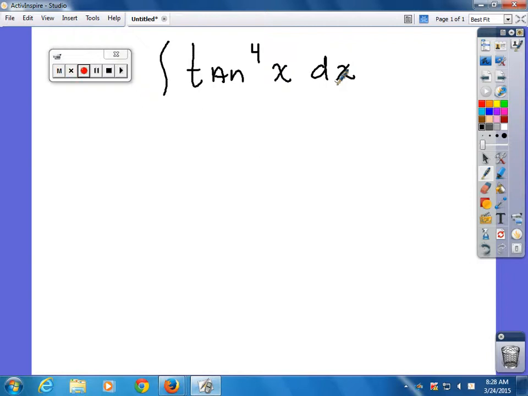So you're going to have to break it up, and of course that would be tangent squared, correct? Antiderivative of tangent squared x times tangent squared of x dx.